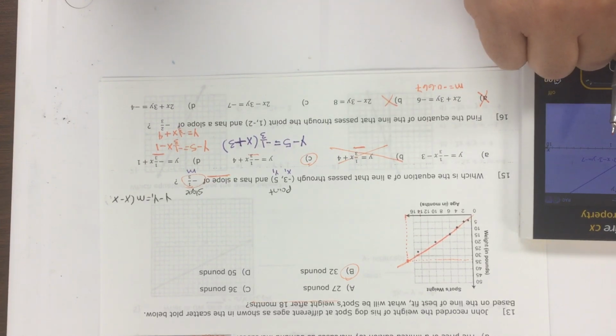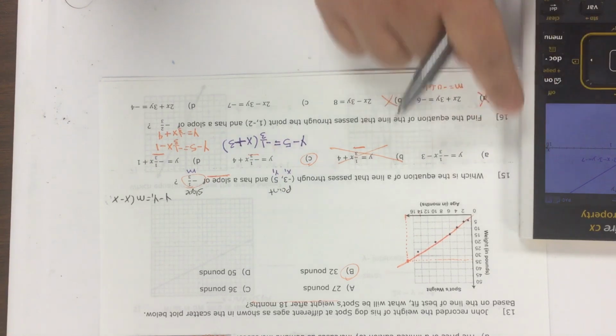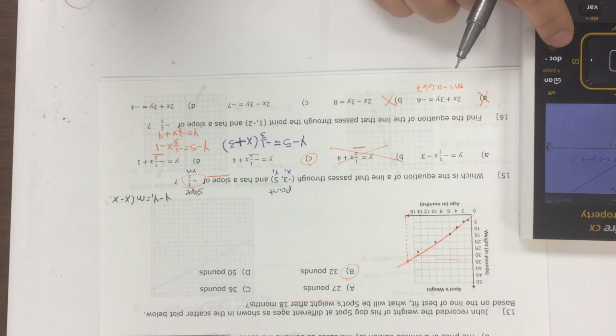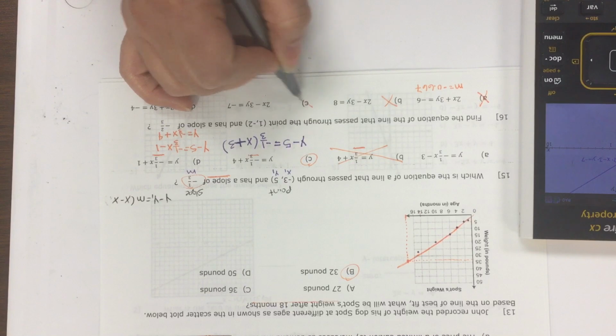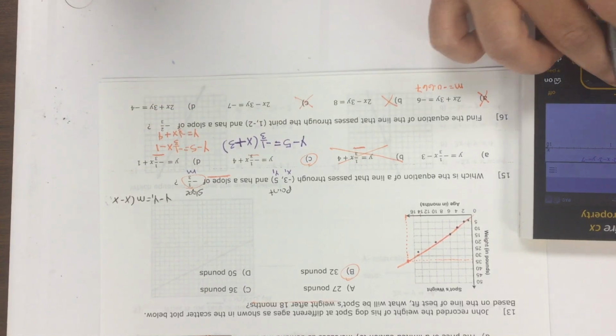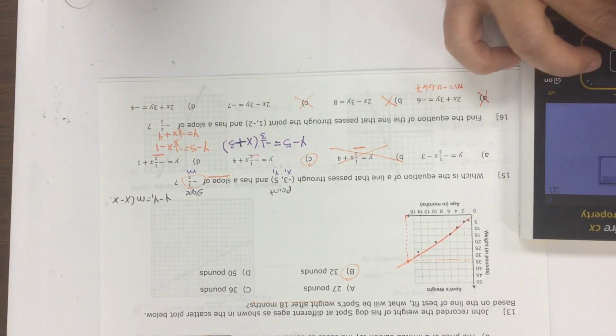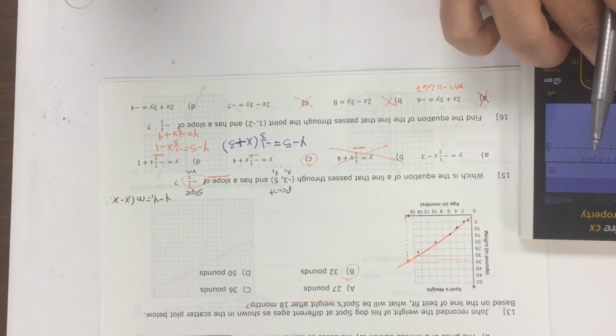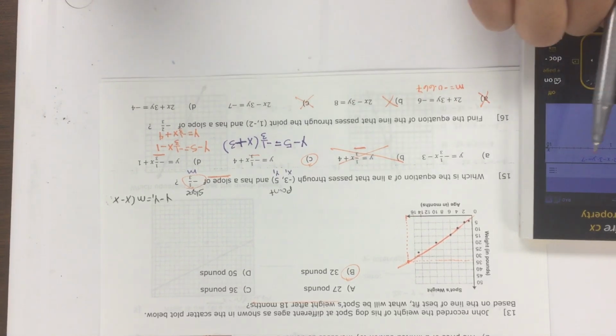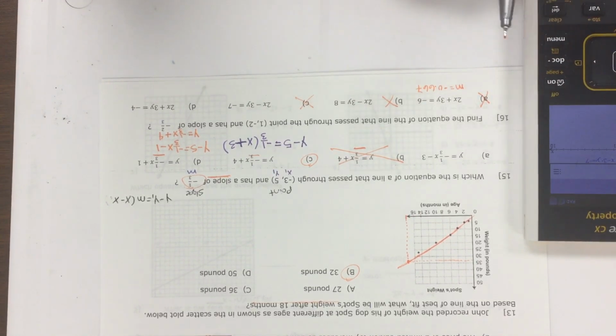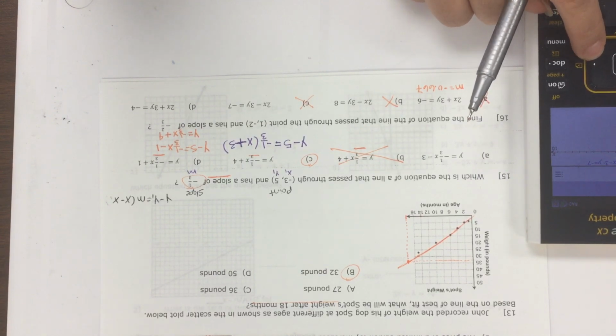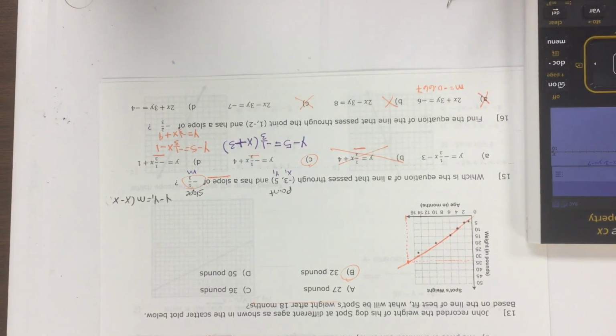Same thing, my slope is increasing. So it's not C. I go to my last one. This would be 2x plus 3y equals -4.